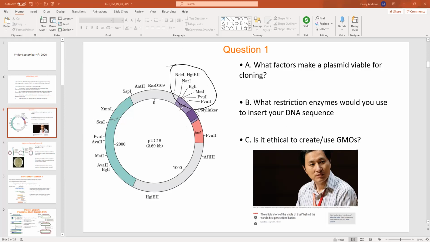Another region is the Lac Operon system. Usually you want to be able to control when the bacteria make a protein.